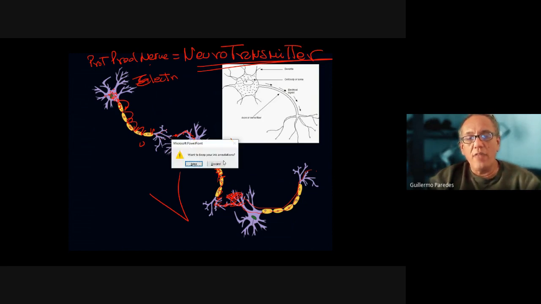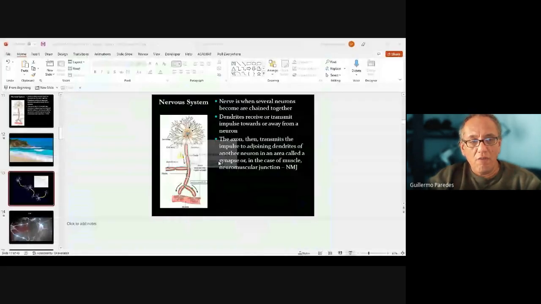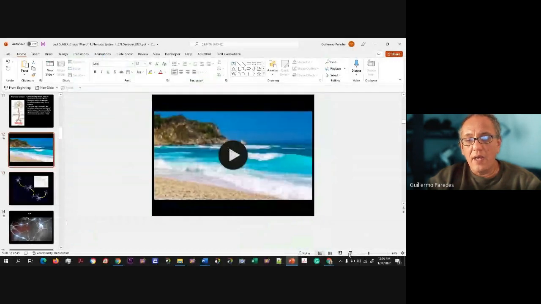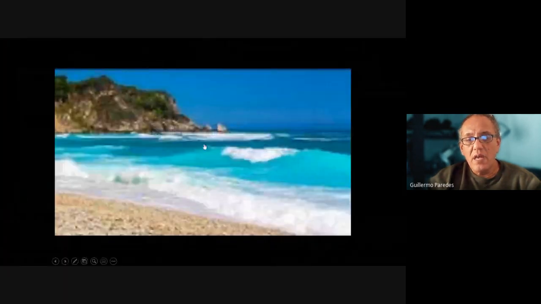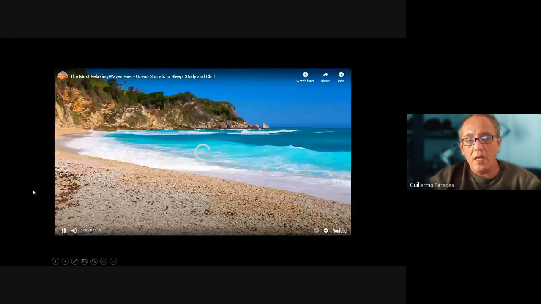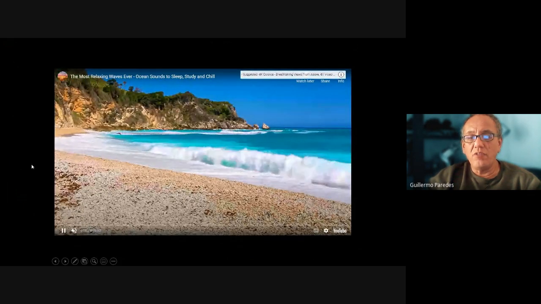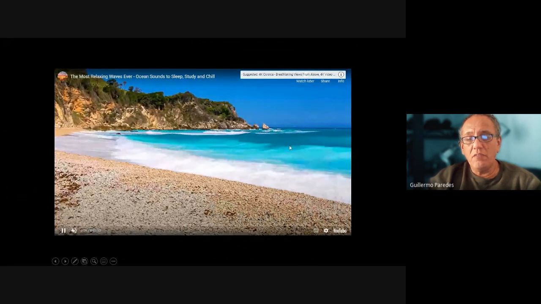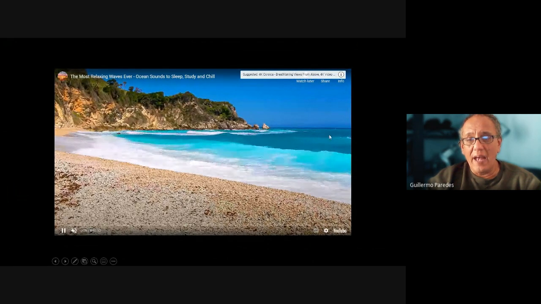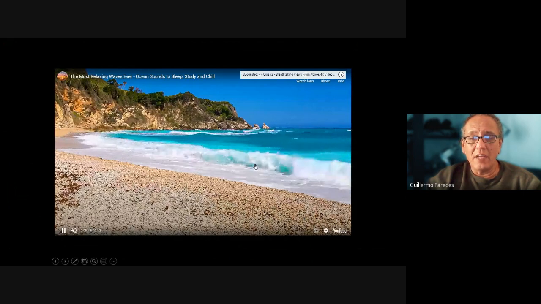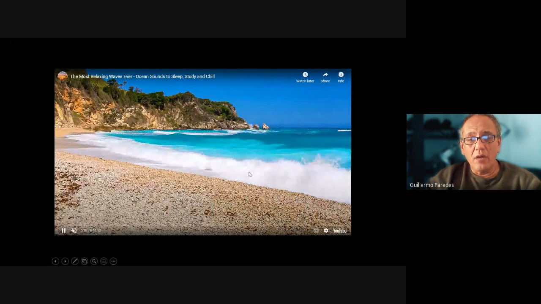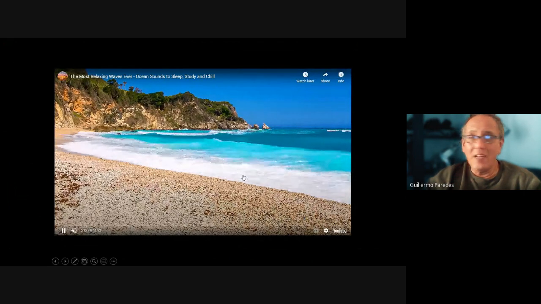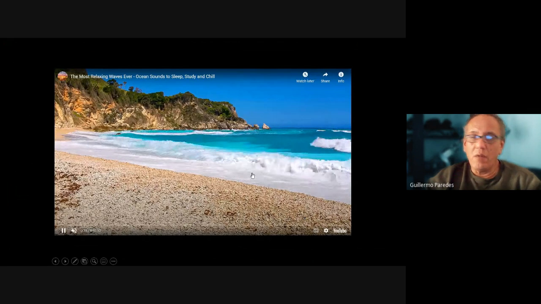This wave of the ocean is going to push forward the neurotransmitters, and that is how they are transmitted. So this will be the terminal axon or the axon, and the waves are the electrical impulses. The waves are going to push forward the material that is floating there, in this case, the neurotransmitters.